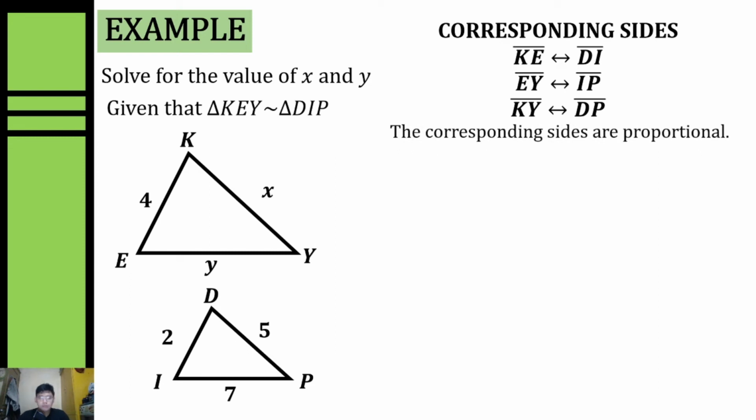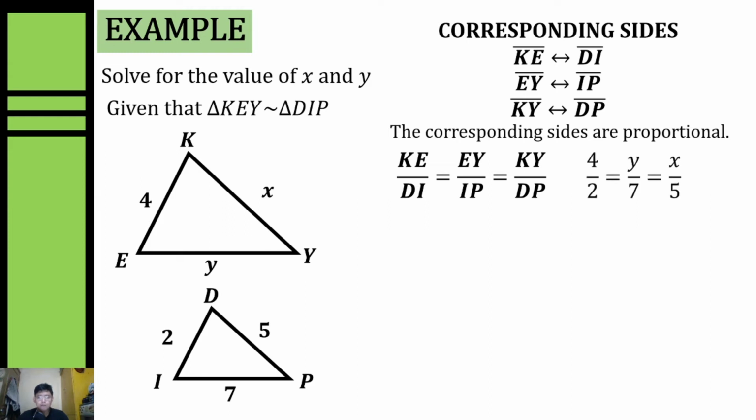For similar triangles, corresponding sides are proportional. So we will formulate our equation: KE over DI is equal to EY over IP is equal to KY over DP.